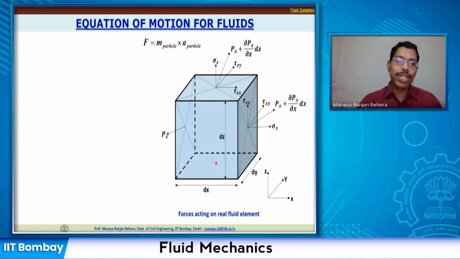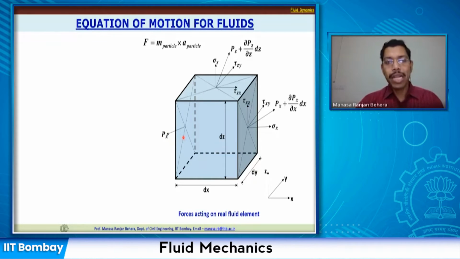Now what is the next force? There is a pressure force which is acting on the surface. Here I have shown Px, which is acting in the x direction. The pressure acting on this face, which is dy dz, is Px on the left side of the face.